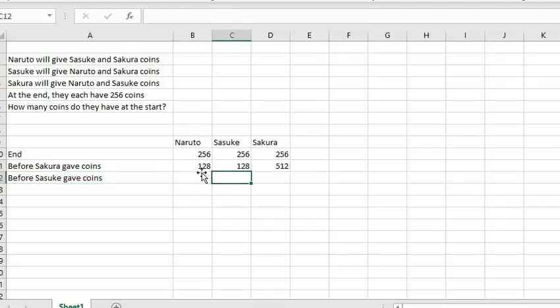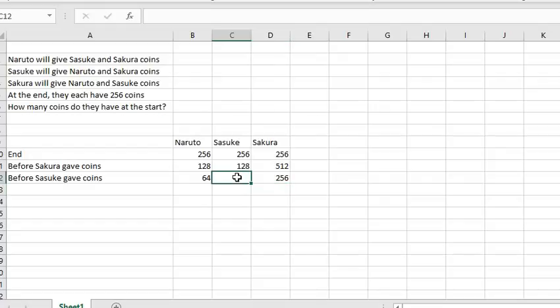Okay, so before Sasuke gave coins, this number is half. So let's divide this by 2, and it should be 64. Similarly, we should divide this 512 by 2, and it should be 256.